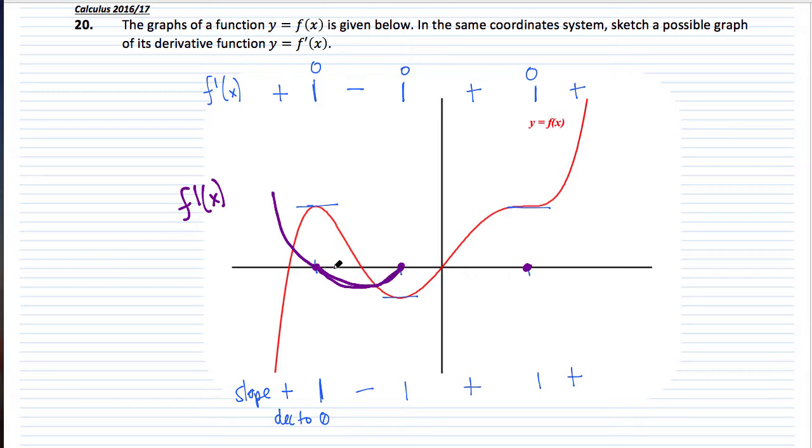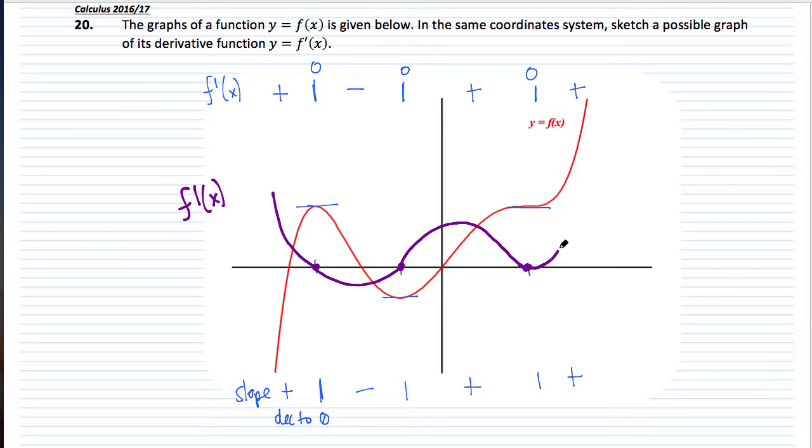So this derivative is negative at this point, and then it gets back to 0 at the next point of interest. Then it's positive for the next bit, and let's take a quick look. So it starts at 0, and then it increases, and then it decreases again. So it looks like it does something like this, and it goes back to 0, and then once it gets to 0, it actually increases again.